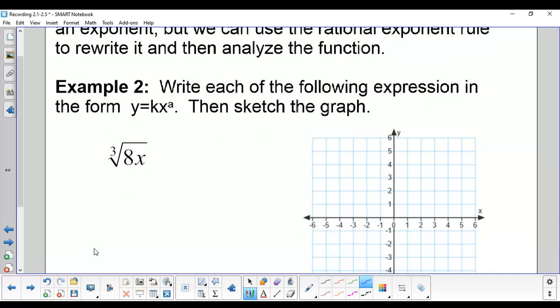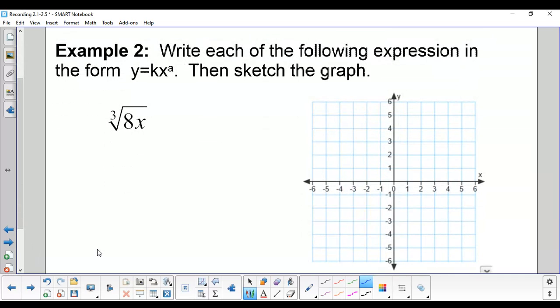Here's an example where our initial function is not written as a power function. We're going to have to do a little bit of work before we can even start to analyze it. So when I start to do this work, I recognize that I'm taking the cubed root of 8x. So I'm going to take the cubed root of 8, and I'm going to take the cubed root of x separately.